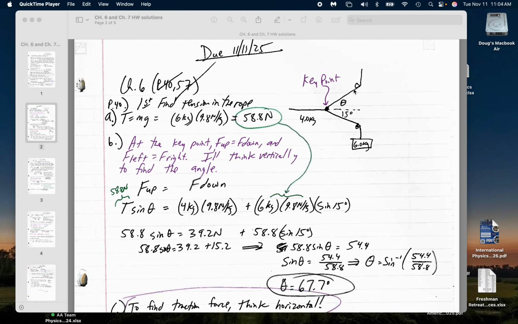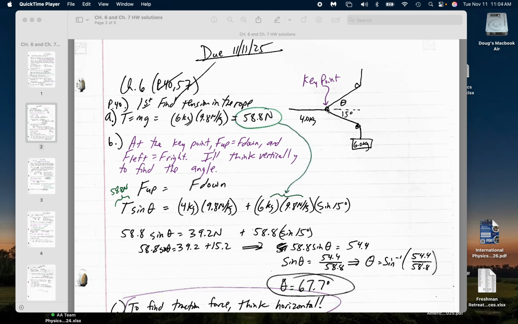Part B was asking, if this traction force needs to pull straight out on the leg, what's the proper angle? If it wants to pull straight out, essentially at this key point, the boot's weight down would be 4 kilograms times 9.8, that's 39.2 newtons. This would have a downward force also of that tension, 58.8 newtons, times the sine of 15 degrees.